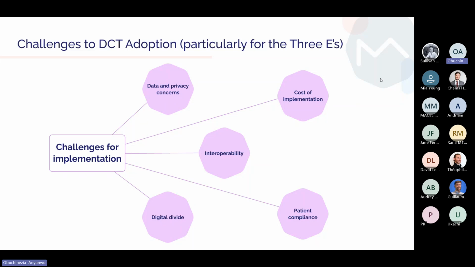Although a lot of clinical trials that do use DCT platforms have the bring your own device approach. Also, in cases where patients don't have access to a smartphone or an internet connection, this can be factored into the budget of a study.